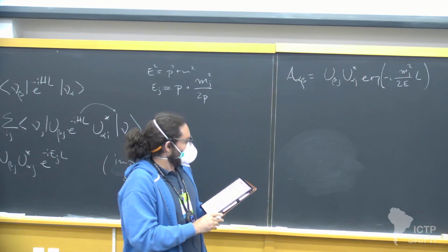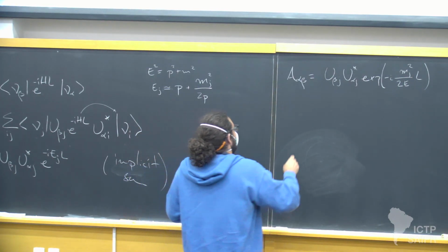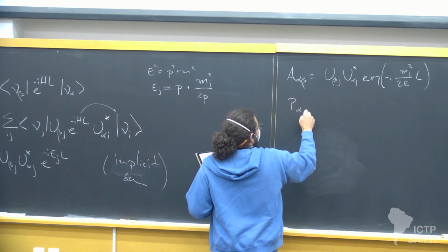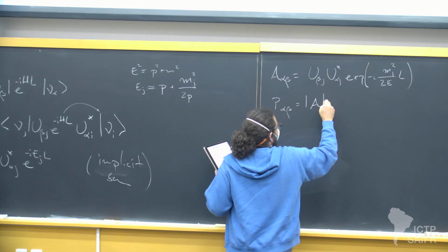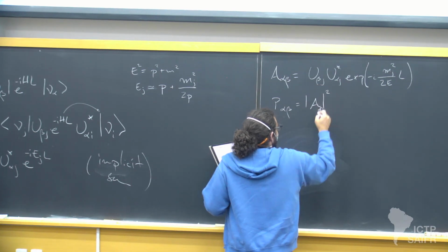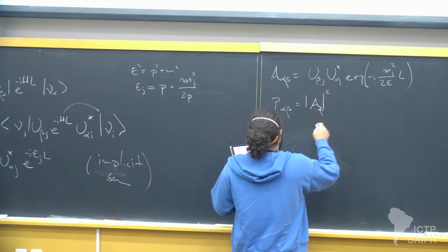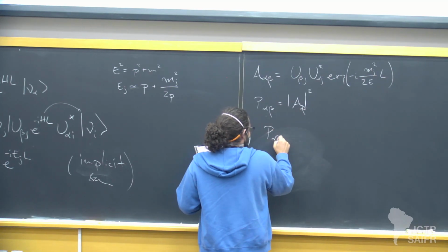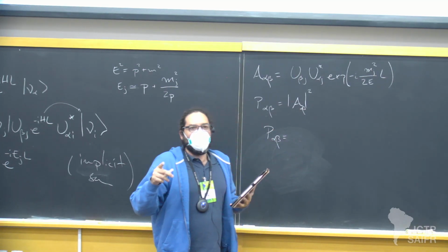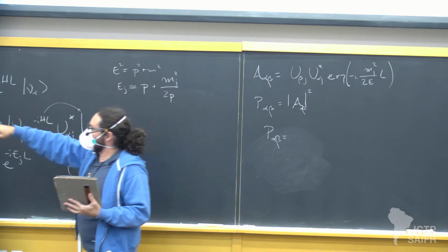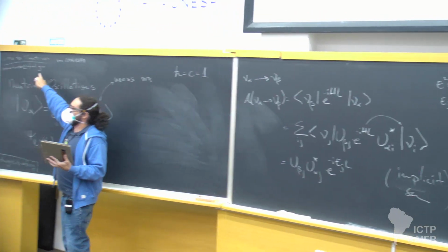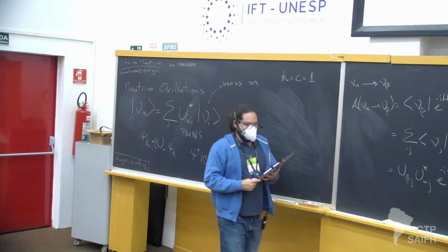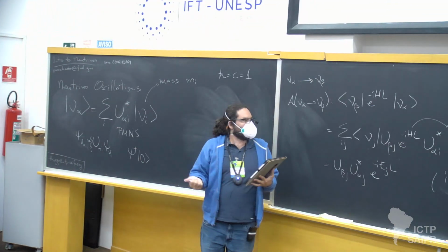So now, what you do is you say that the probability of producing neutrino alpha and detecting neutrino beta is the amplitude square, okay? By the way, my handwritten notes are available. I don't know if you have them already, but if you want them, I can just email them to you. They'll be on the school website at some point.